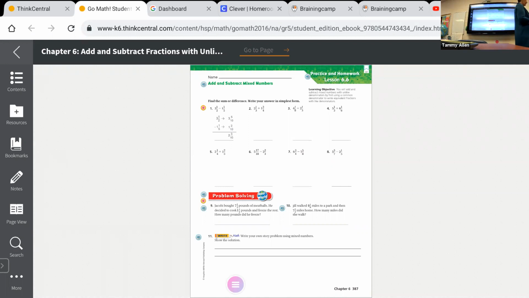Did you have 11 and 3/6? Yeah. You didn't reduce it. You would divide by 3/3. Number 5, your final answer should have been 3 and 13/20. Number 6, your final answer should have been 3 and 5/18.